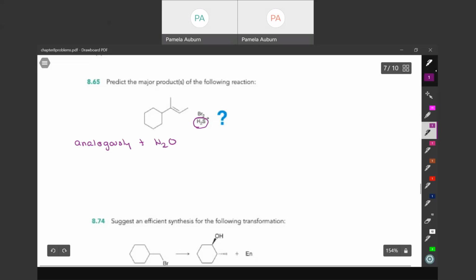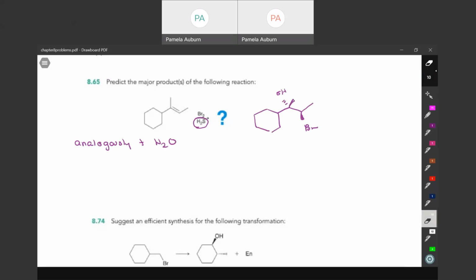And so the product I'm going to get, I didn't really need to put the Me there, it's understood, but okay. So that is the product I'm going to get plus the enantiomer.